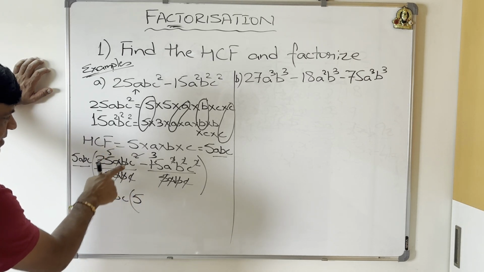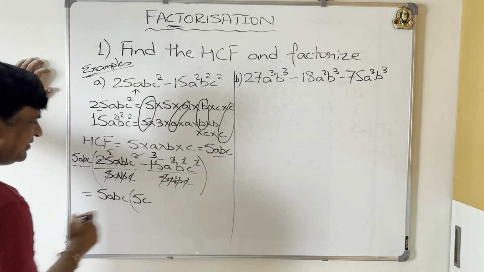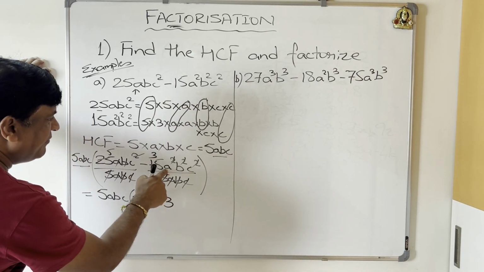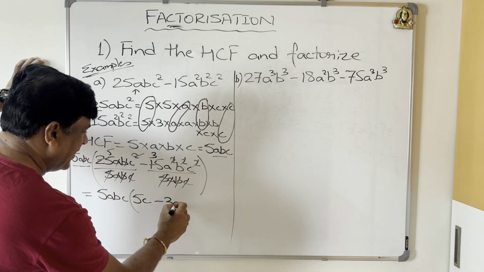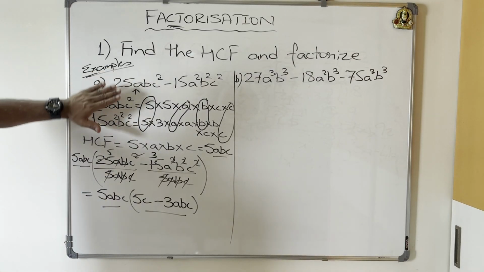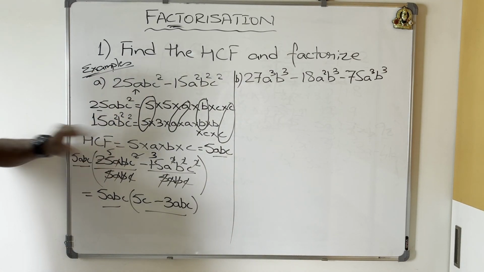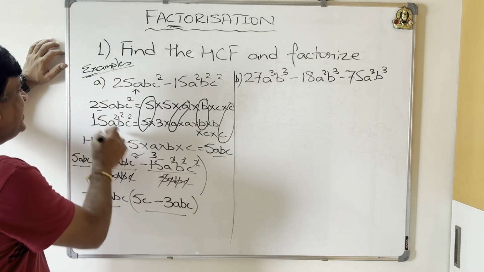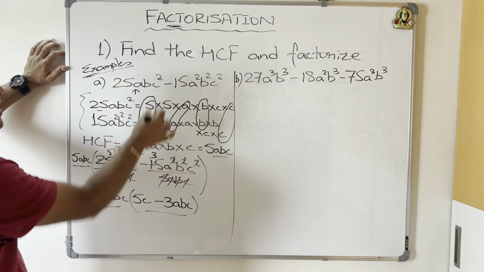AB got cancelled, you are left with only C, minus a 3 over here, and you are left with ABC. Look at it. Those are the two factors for this particular problem. I hope this makes sense. Now, when you're doing algebra, this process might be very cumbersome.